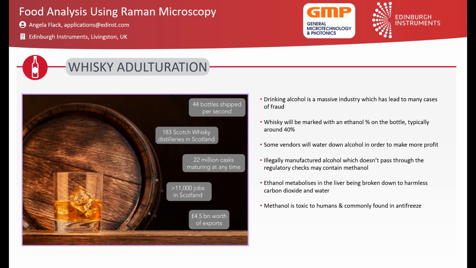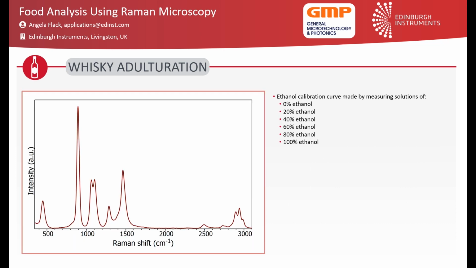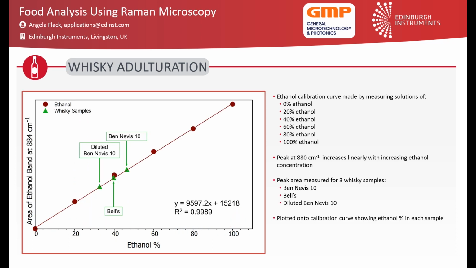Tackling the first problem, we can use Raman in a quantitative way by making a calibration curve of ethanol at different concentrations. We do this using the peak at 880 wavenumbers, as it behaves linearly with increasing concentration. We can then measure 3 whisky samples, 2 of which were straight from the bottle and 1 was diluted.